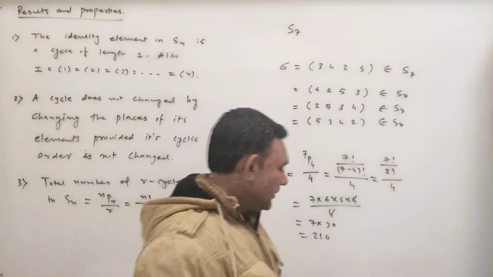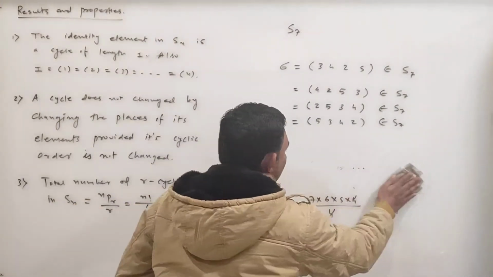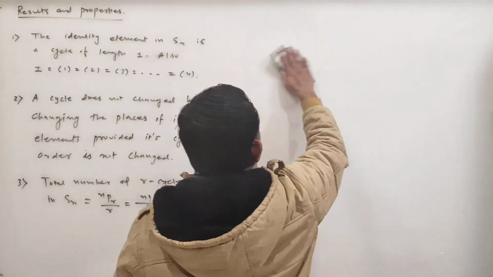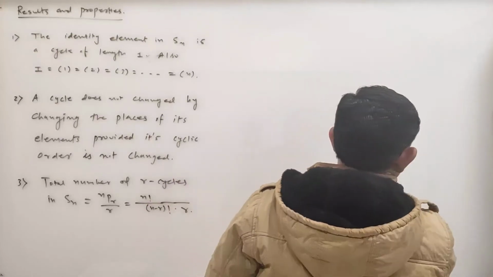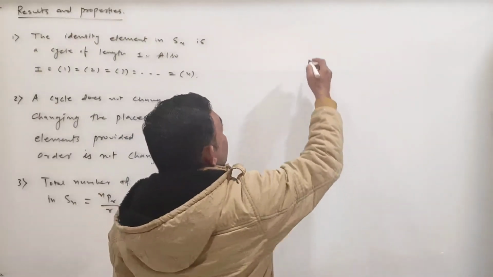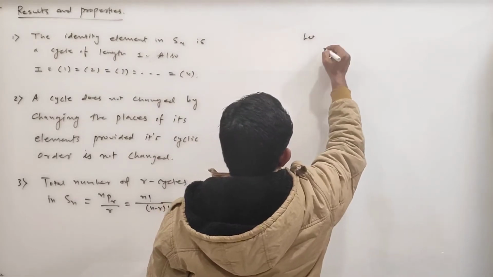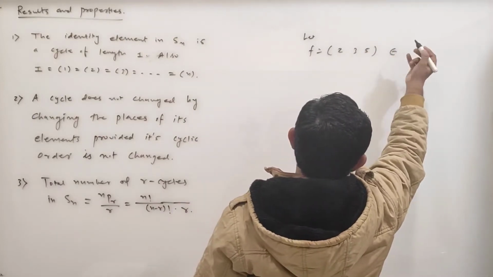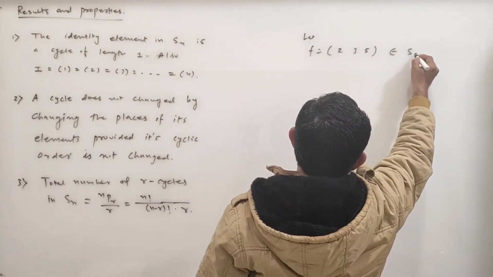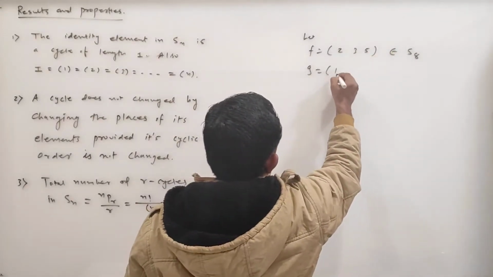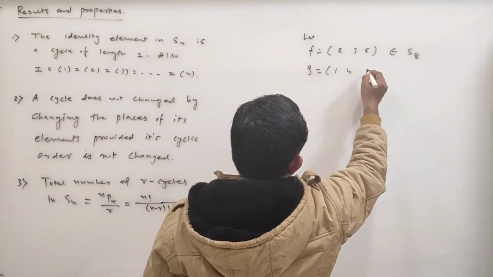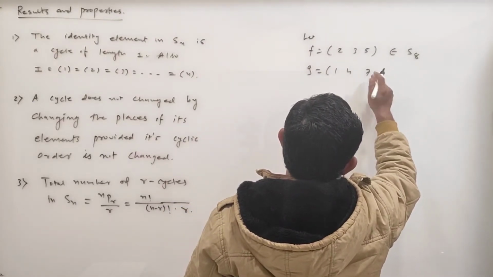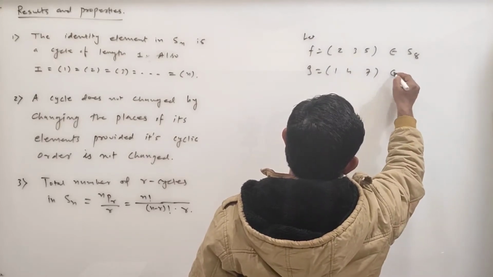Now we know what a disjoint cycle is, right? So you consider f equal to (2 3 5) belongs to, say, S8, and g equal to (1 4 7), belongs to S8.